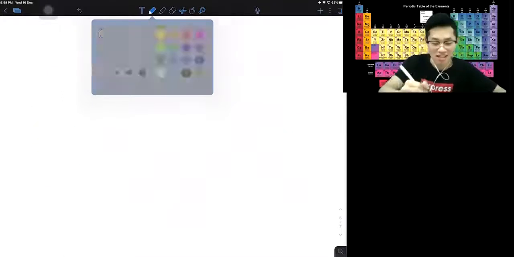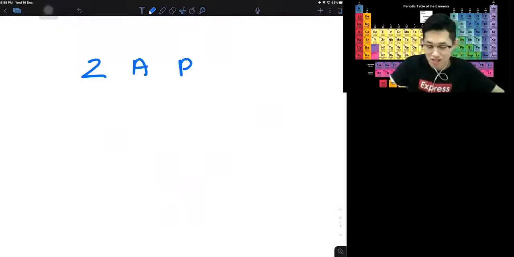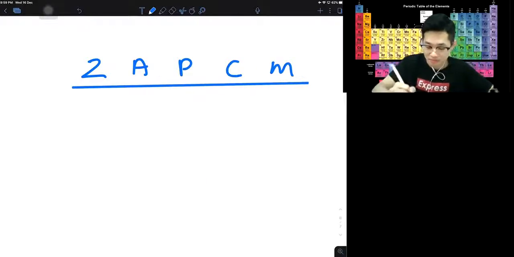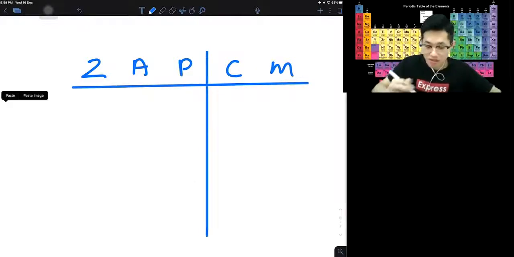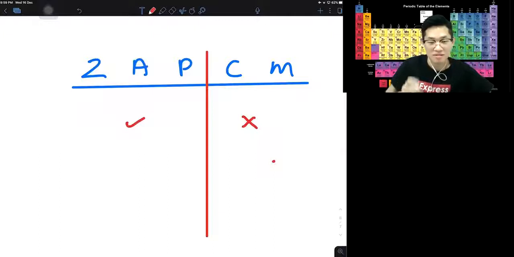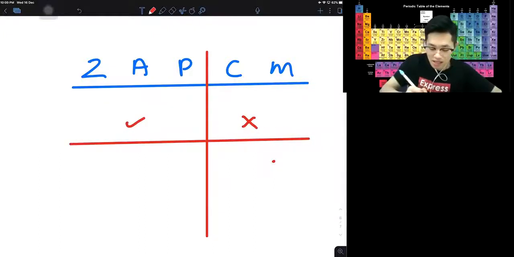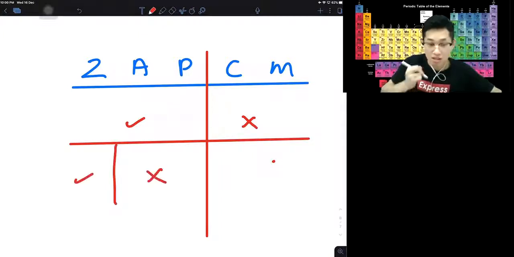I construct again. Z, A, P, C, M. Z and AP, tick cross. Okay, not Z and Z, AP and CM, tick cross. Z and AP, tick cross.